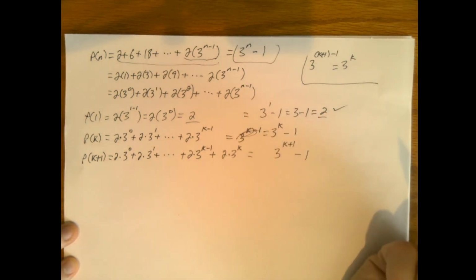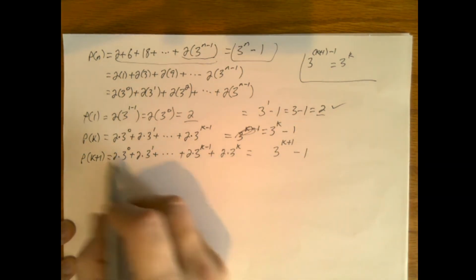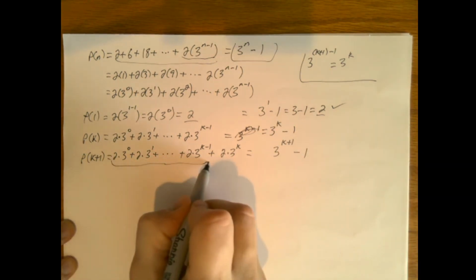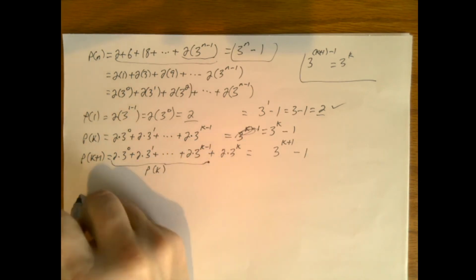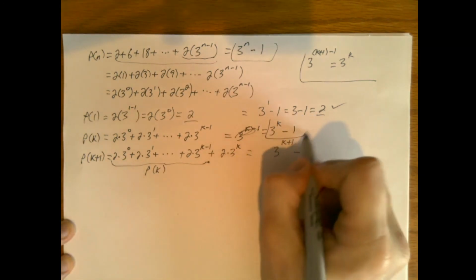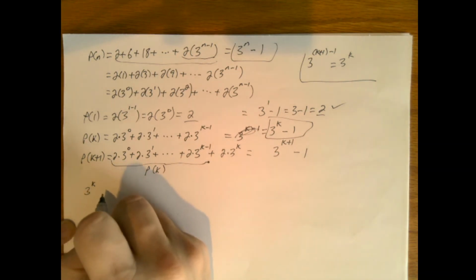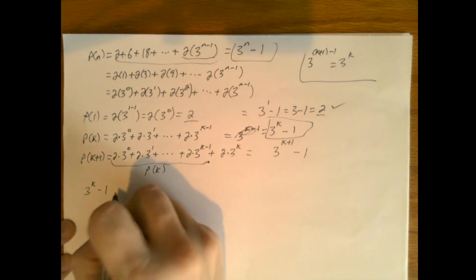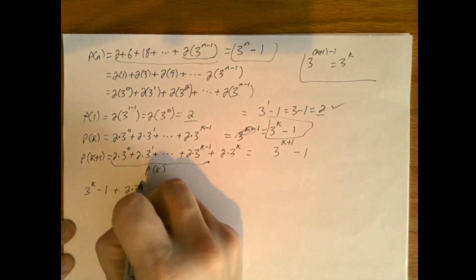Okay. So this is k plus 1 minus 1. So this is our P of k. So we get that P of k is this. So 3 to the kth power minus 1 plus 2 times 3 to the kth power.